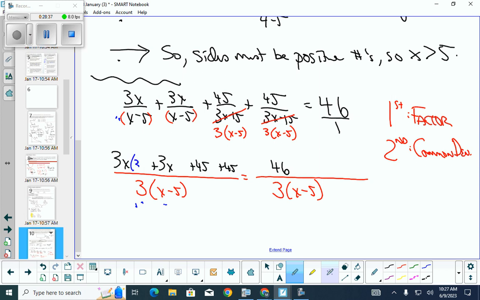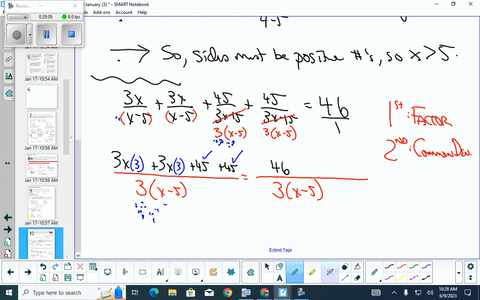So I'm going to go 3x times 3. I'm going to do the same for the next one. This denominator has the 3 and the x minus 5. So is it missing anything? No. So I'm going to leave the 45 alone. Same thing here. Leave the 45 alone.